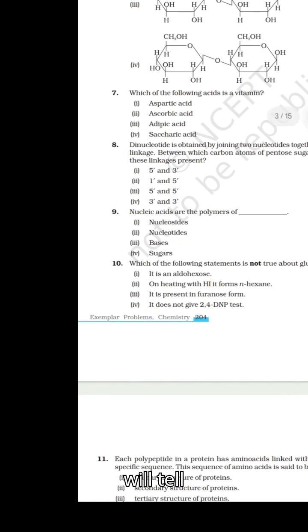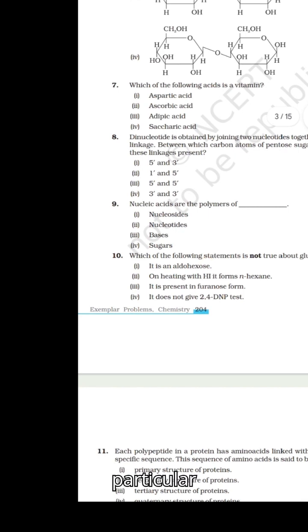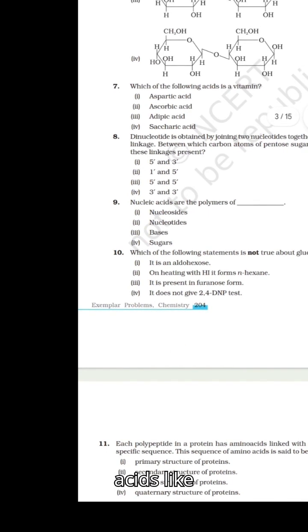I will tell again: ribose sugar, phosphate molecule, and a nitrogen containing base. These 3 molecules combine together and form a particular nucleotide. And nucleic acids like deoxyribonucleic acid DNA or ribonucleic acid RNA, both are made up of these nucleotides.